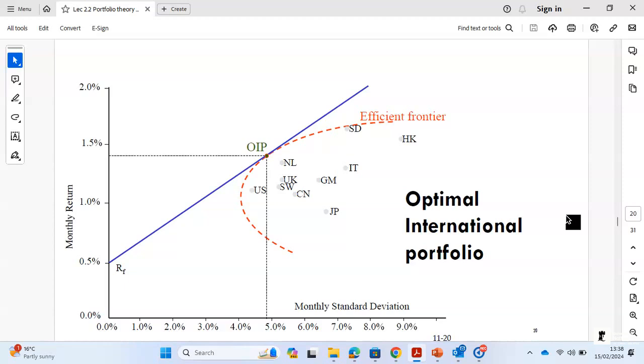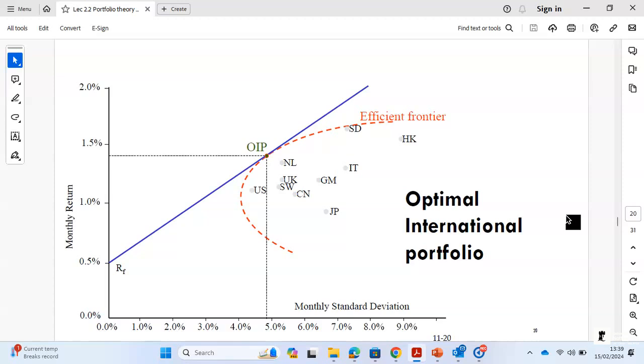So which portfolio should you choose? If you want to create an internationally diversified portfolio, you should choose a portfolio that lies on the efficient frontier, because that will give you the maximum possible return for a given level of risk. Okay, we'll come back to this with some examples.